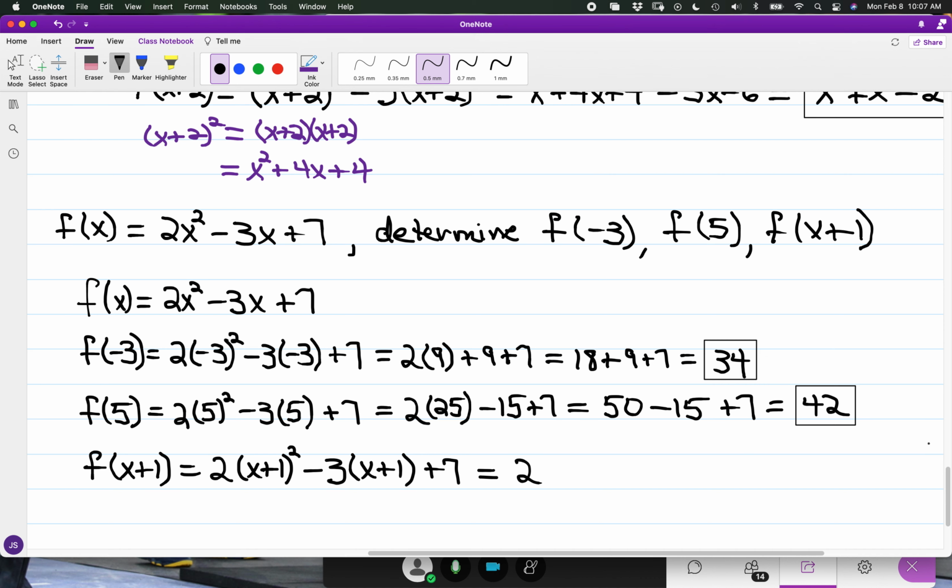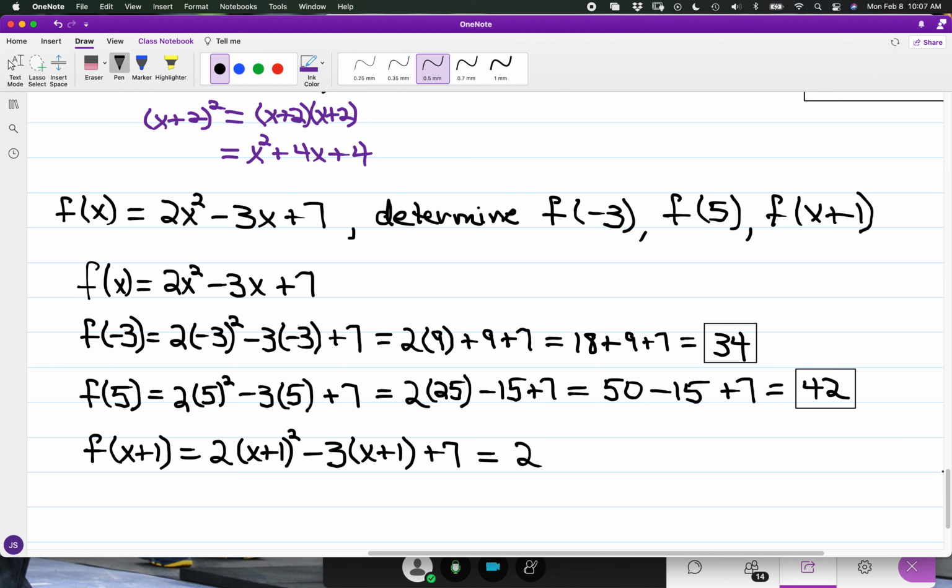With the square of x plus 1, you have x plus 1 times itself. So this would end up being x squared, and the outside and inside products would add up to 2x. Again, 1 times 1 is 1. Then for negative 3 times the quantity x plus 1, this would be minus 3x minus 3.